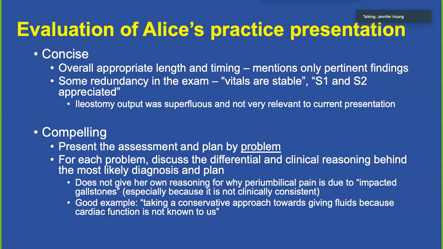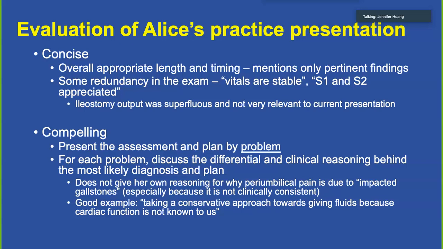In terms of compelling, she did overall a pretty great job with presenting the assessment and plan by problem. One thing she could have done better was, instead of listing the problem of probable gallstones, she could have more generally just said her umbilical pain, especially since the etiology has not been worked up yet. And that relates to discussing the differential and clinical reasoning behind the most likely diagnosis and plan.